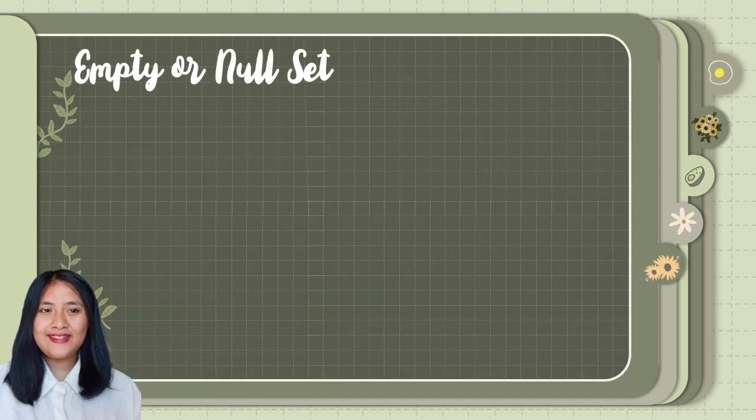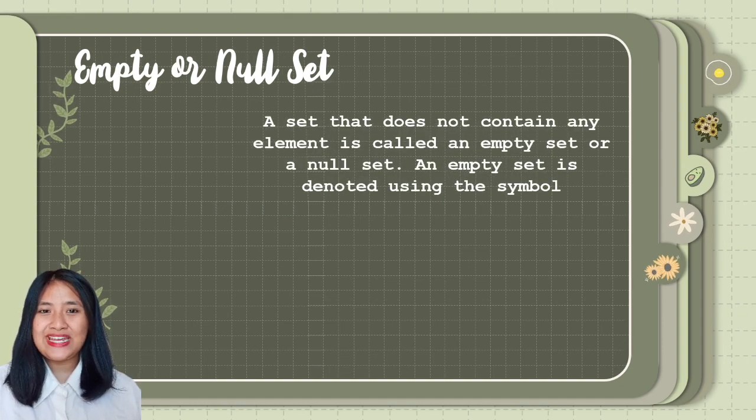Number 1 is empty or null set. A set that does not contain any element is called an empty set or a null set. An empty set is denoted using the symbol like this.